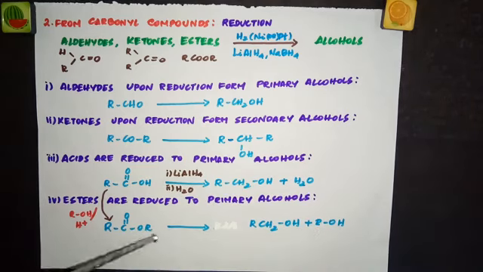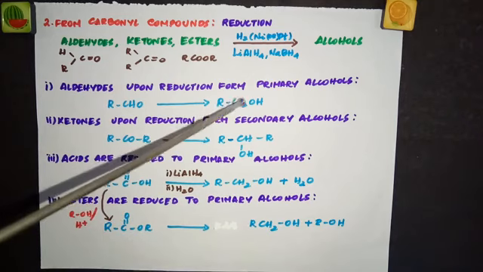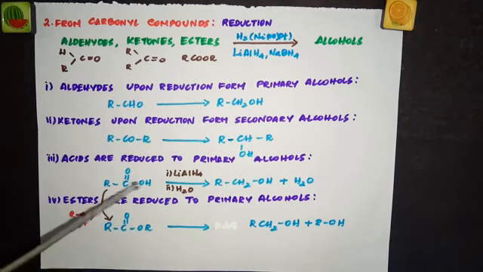So whatever ester is given, remember, you have to break it here and take this RO as ROH and take this as RCH2OH. This C double bond O, just like here, will be changed into CH2OH, like here, not this one. This one is different because you have a OH already, but here you don't have. So C double bond O will be changed into CH2OH.